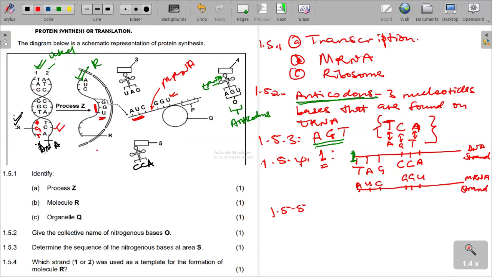We are going to use the nitrogen bases on our DNA molecule.